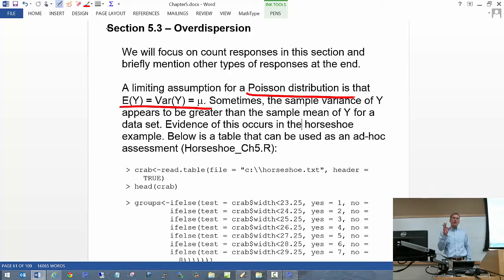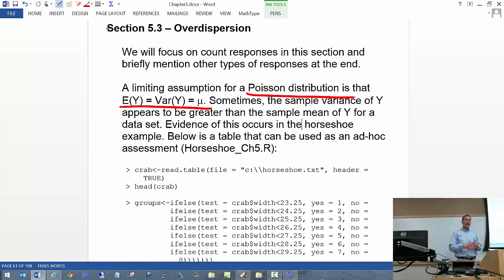If a Poisson model truly held, you would expect your sample mean to be close to the sample variance, because that's what's supposed to happen with respect to the expected values and the variances. But what will often happen is that the sample variance will be higher than the sample mean. And that's evidence of overdispersion. You have a higher variance than what you would expect if the Poisson distribution really held.